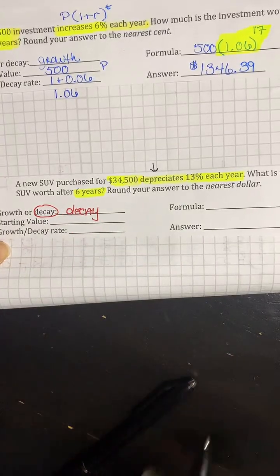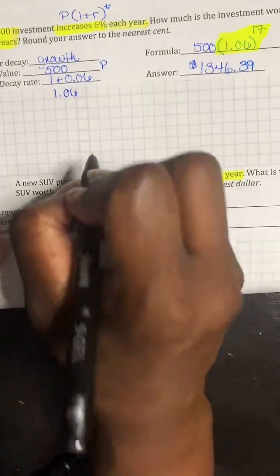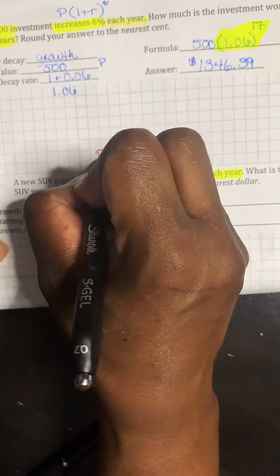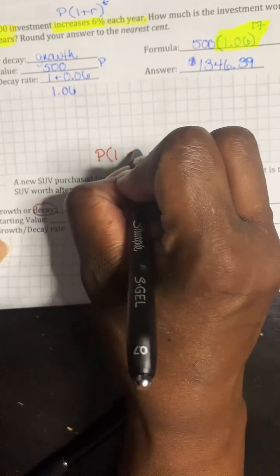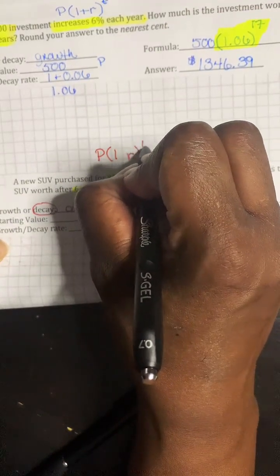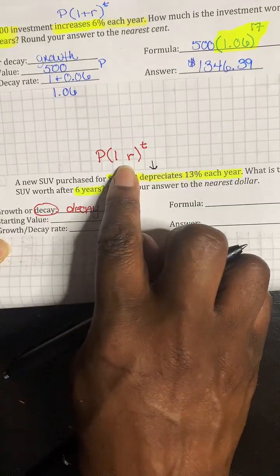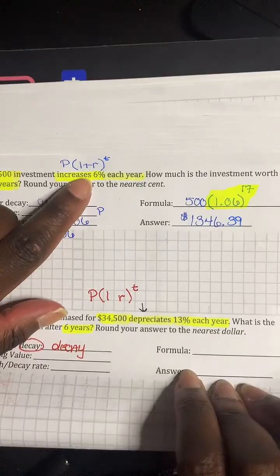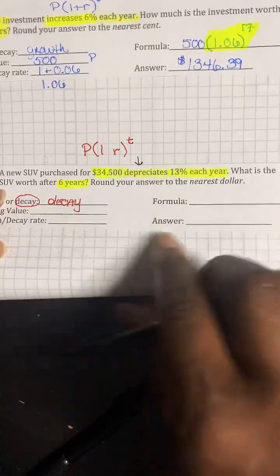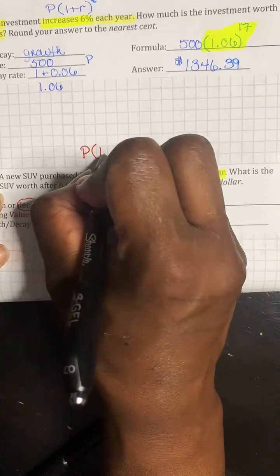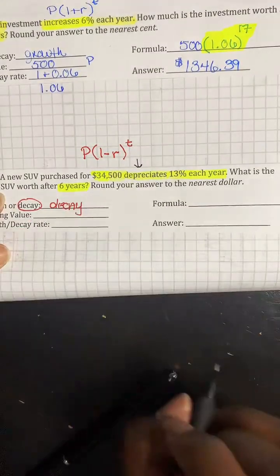All right. So if we recall our formula, I can put it right here. The only thing that changes is what's happening inside the parenthesis. For growth, it was a plus sign, because you're growing, you're expanding. For decay, it's going to be a minus sign.